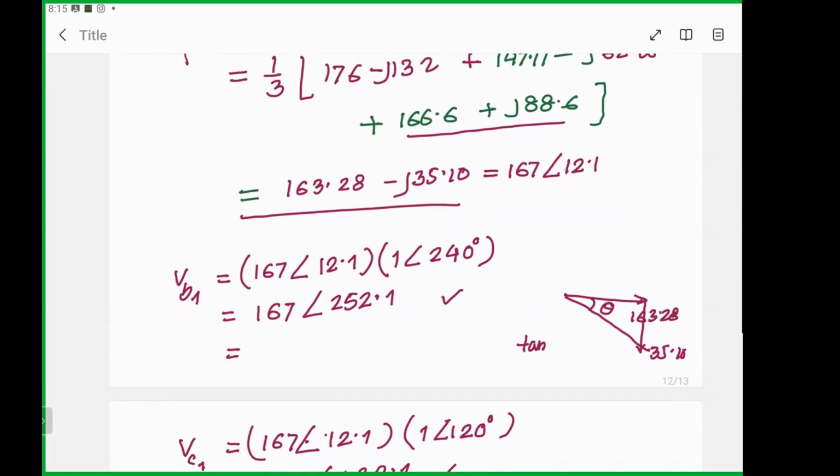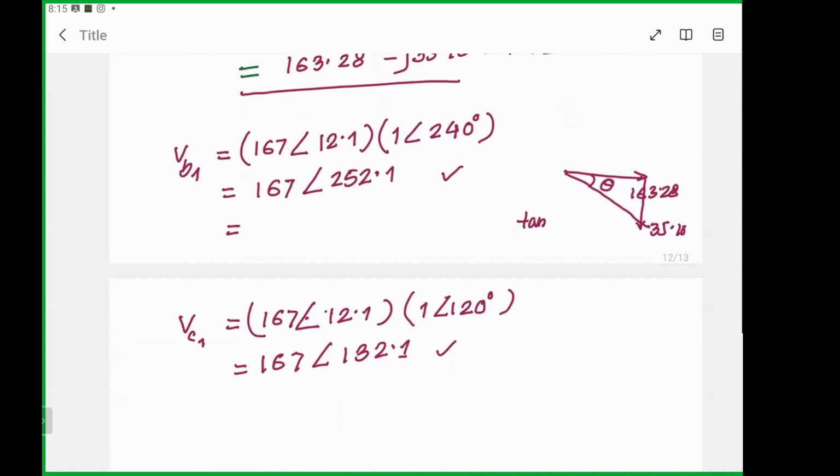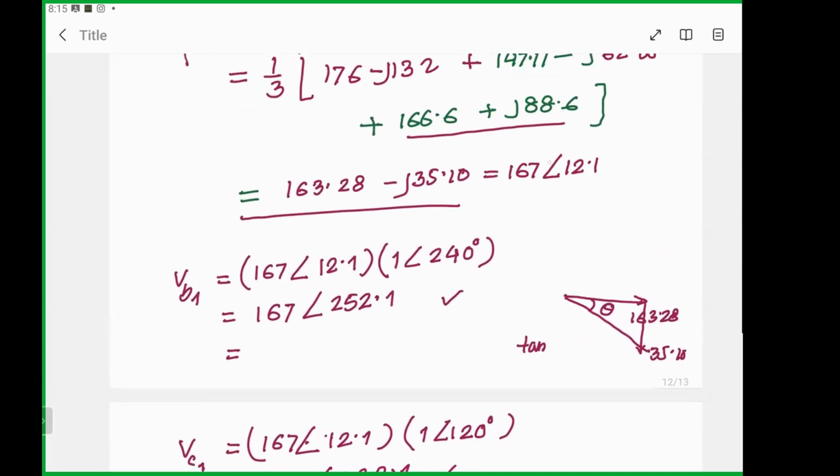I think I have missed this negative value. 163.28 is not, and it's negative. Yeah, let me check. It's negative. Second tan inverse, yeah, negative. So it would be negative here.